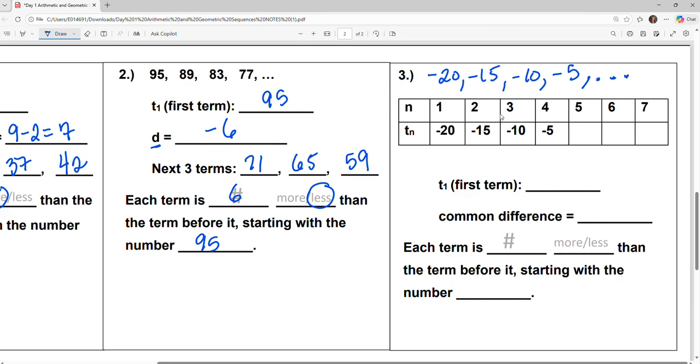You can still do the same relationship because this is a sequence. I can tell it's a sequence because I know that I have a common difference. If you take -15 minus -20, be careful, a minus and a minus become a plus.